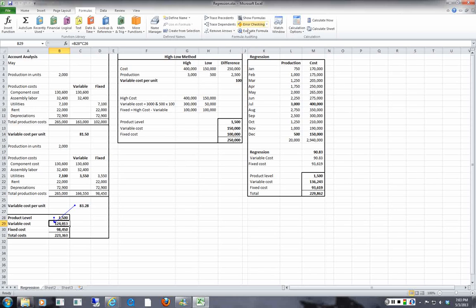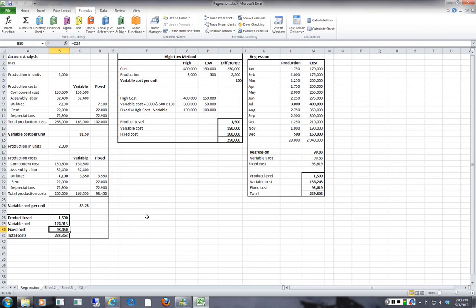For this project of 1,500 units, we get a variable cost of $124,913. We put the fixed cost down there of $98,450, and we have a total cost for that production of $223,363.